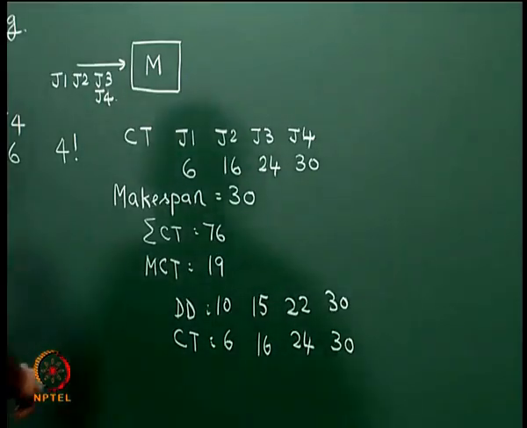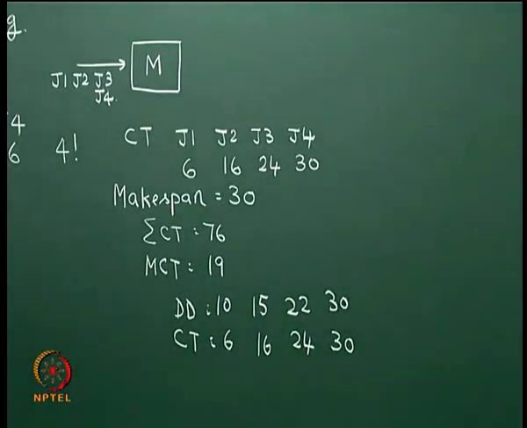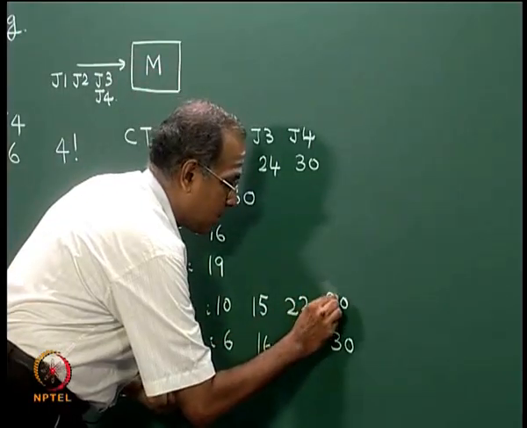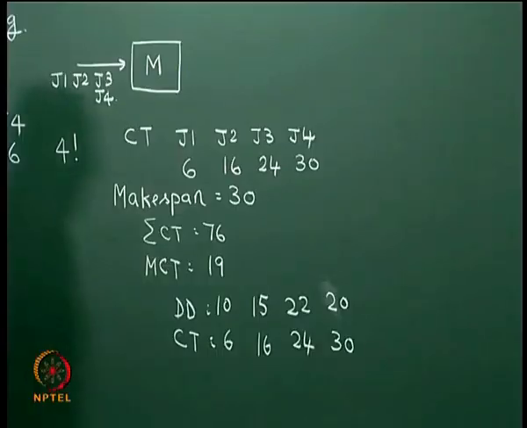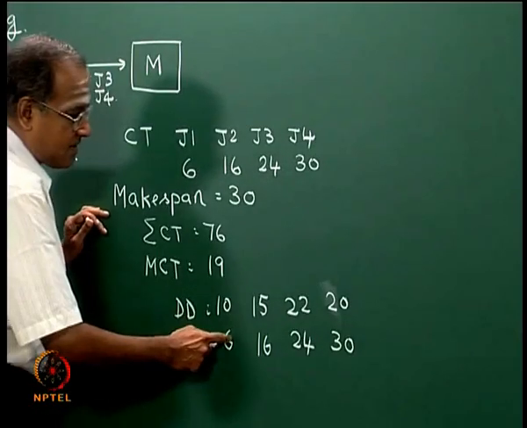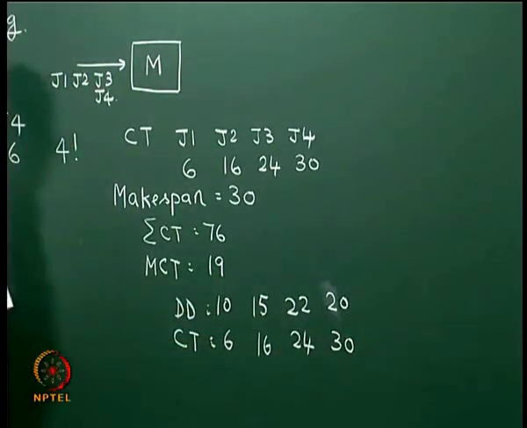I am sorry, we will assume that the due dates are 10, 15, 22 and 20 for these 4 jobs. So, the completion times are 6, 16, 24 and 30.